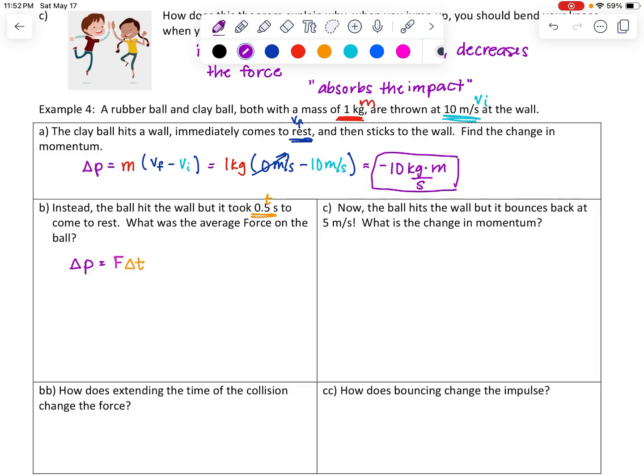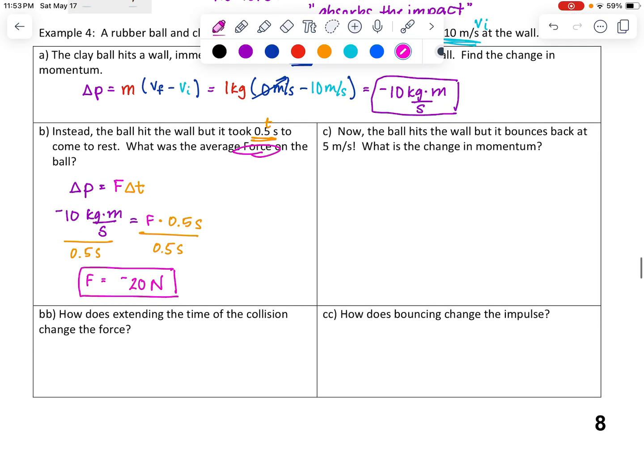So then I actually know from above that this negative 10 kilogram meters per second is equal to my force, which is what I don't know, because it's asking what's the average force. But my time is 0.5 seconds. In order to solve this equation, I go ahead and divide both sides by 0.5 seconds, and I end up with a force of negative 20. Remember, force is in newtons, 20 newtons.